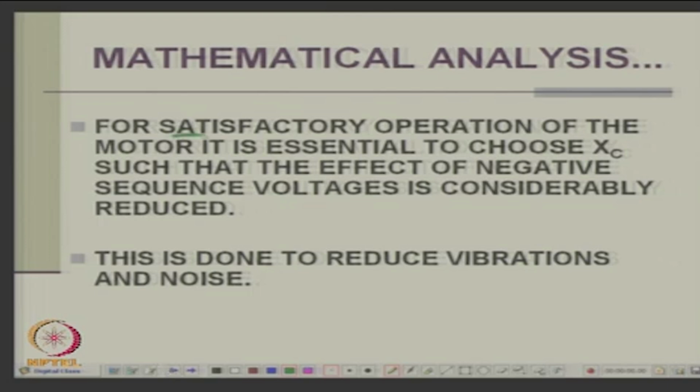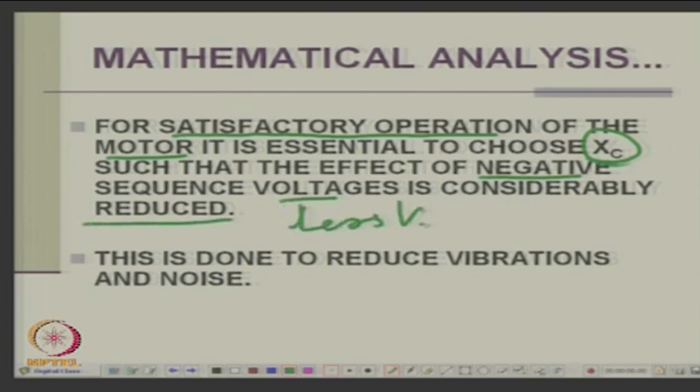For satisfactory operation of the motor, it is essential to choose Xc such that the effect of negative sequence voltage is considerably reduced. You want less V2 and more V1, because the negative sequence, because of the backward fields, will create noise and vibration.